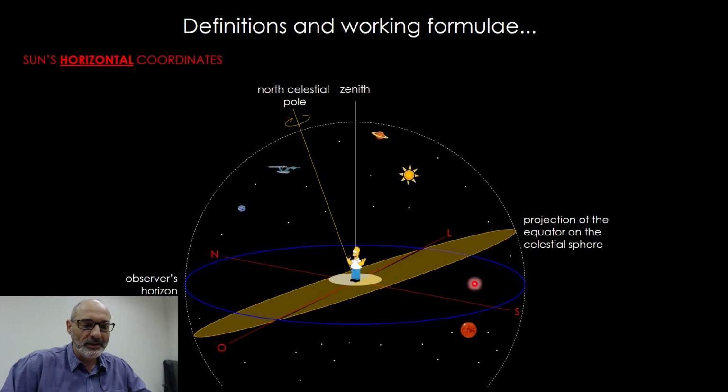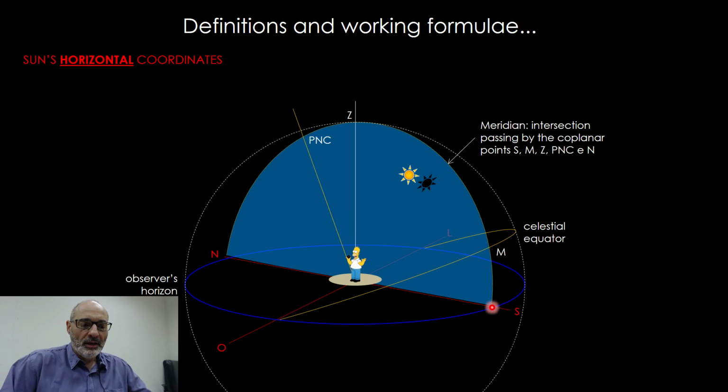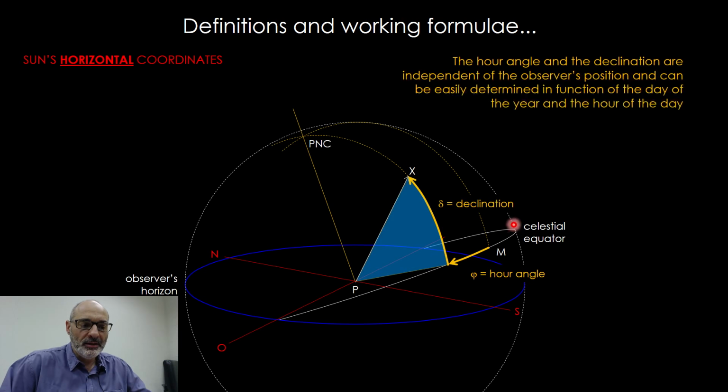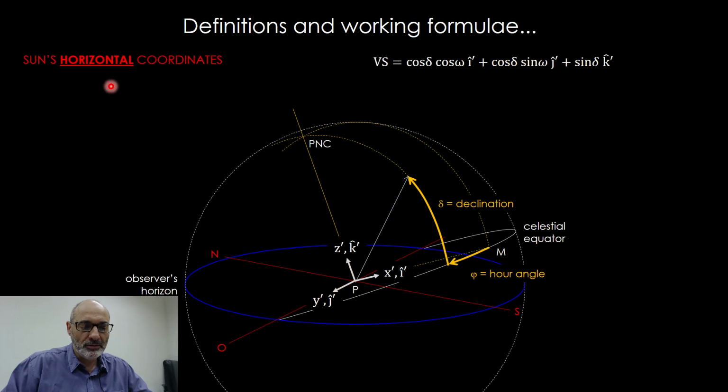We can look at the horizontal coordinates. We can look at the sun, or the ecliptic here in the horizontal coordinates, okay? If I pass a plane by the north-south pole and by the zenith, this is the blue plane. And I can define the hour angle here and the declination here, just to see those other equatorial variables in the horizontal view, from the horizon, okay, just to show you.